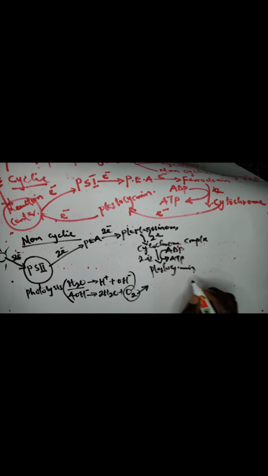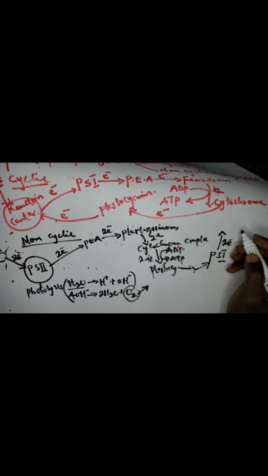Then from plastocyanine, it will be passed to PS1. It's supposed to go cyclic to PS2, but this time it is non-cyclic. So it will pass down to PS1 again.